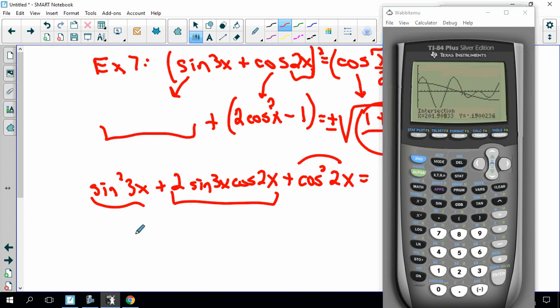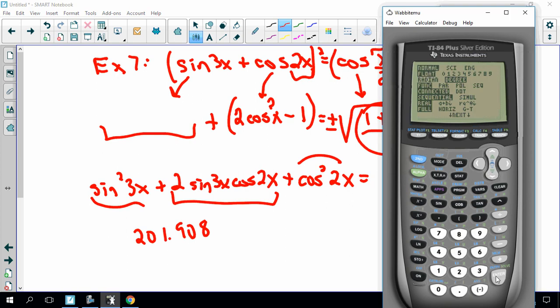Okay, 201 degrees, not a unit circle number. Therefore, let me switch it to radians. If you want to switch to radians, you go mode, radians, window, 2 pi by pi divided by 12's graph. You get exactly the same thing.